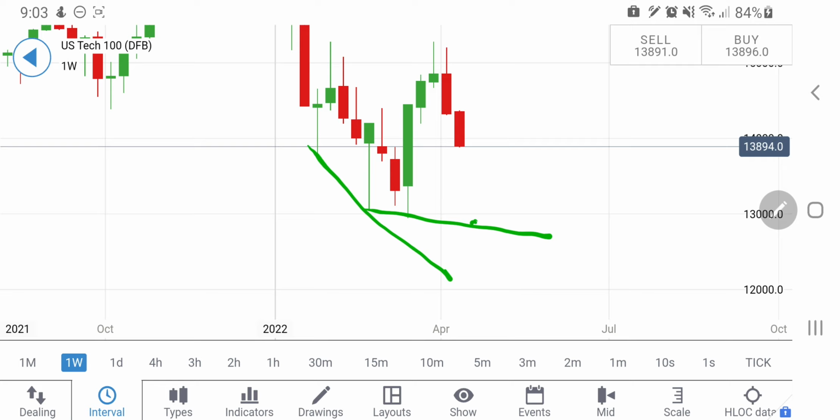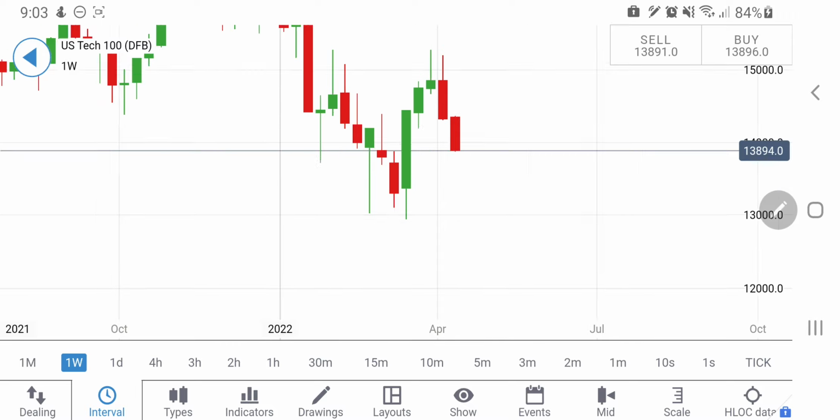So if it continues to drop, the first target could be at around 13,450, then 13,200, and then 12,950 will come into the picture if it continues to drop in the same fashion. And if you don't see it trading above 14,000, with 14,300 a very strong resistance, then we may see it heading towards 14,800 levels also. So this is what we can see on the weekly charts.